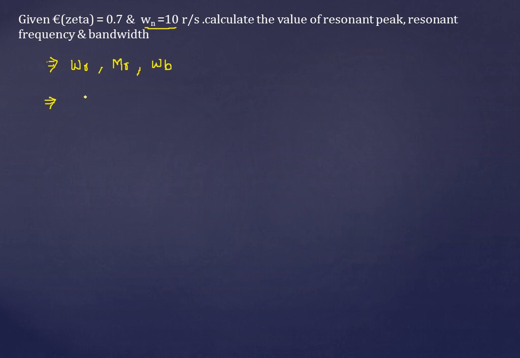First, the resonant peak. It is denoted with M suffix r, and the formula for the resonant peak is 1 by 2 zeta square root of 1 minus zeta square.